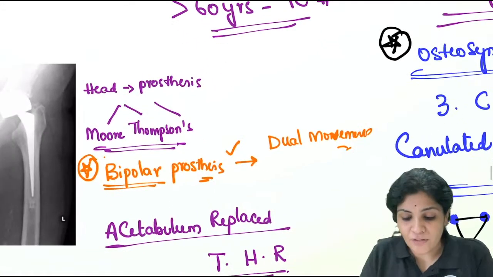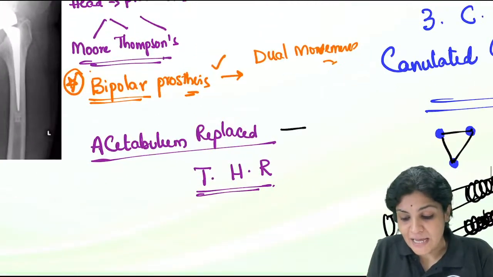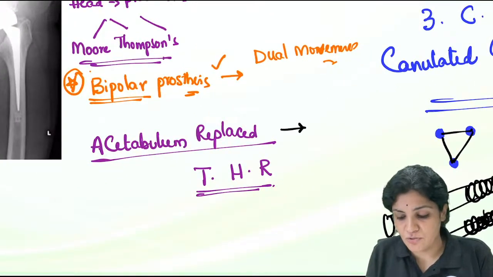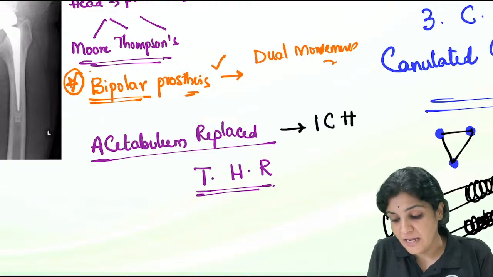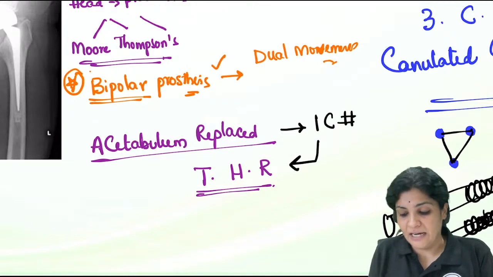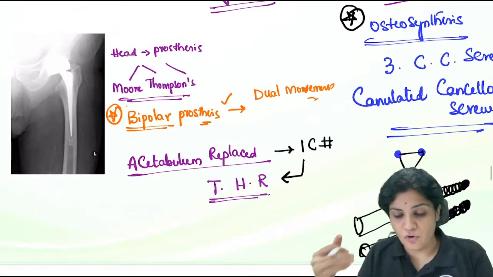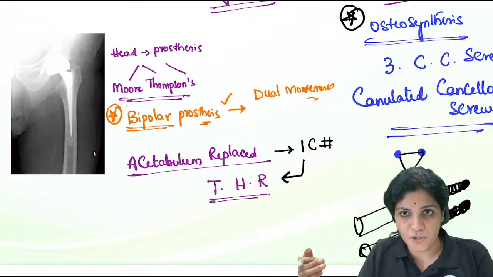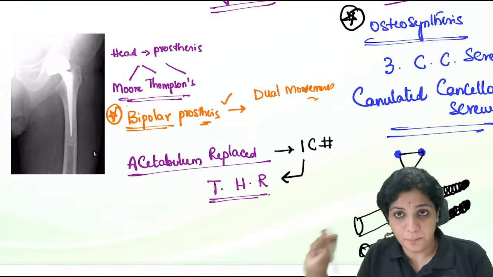If the patient is more than 60 years, and if the acetabulum is also damaged, sometimes for IC fracture, then we go for THR. So don't get confused if there is an option of total hip replacement also. Read the question properly.